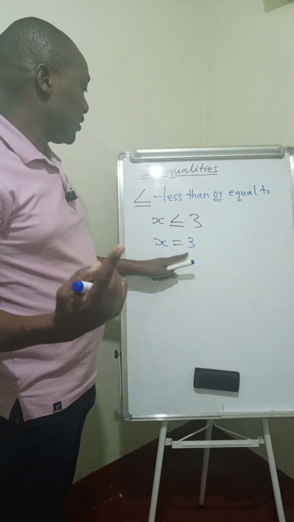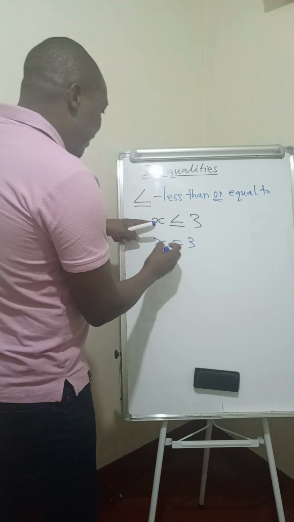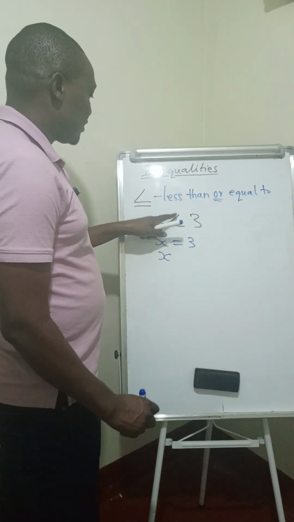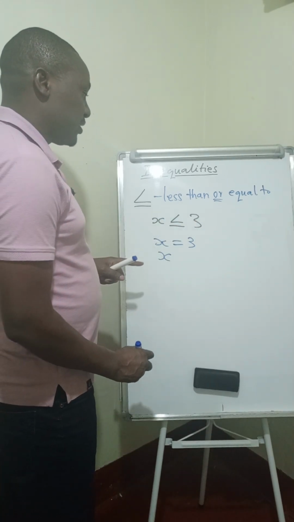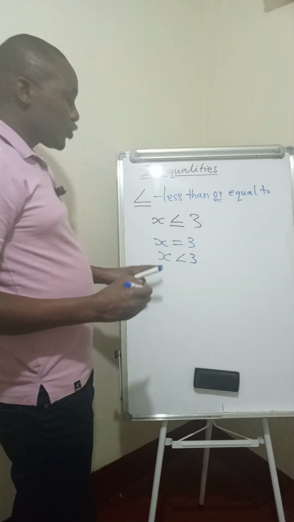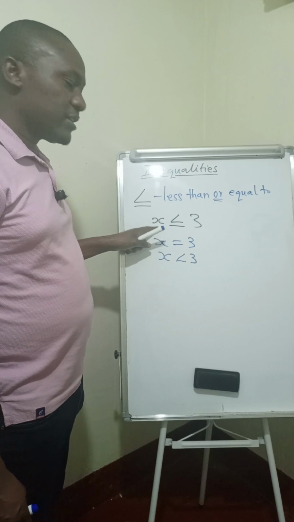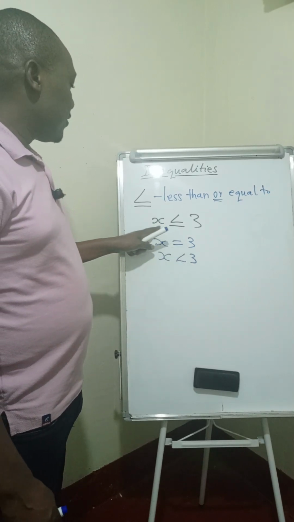That's rule number 1. Rule number 2: the value of x is less than 3. So any number less than 3 can be the value of x.